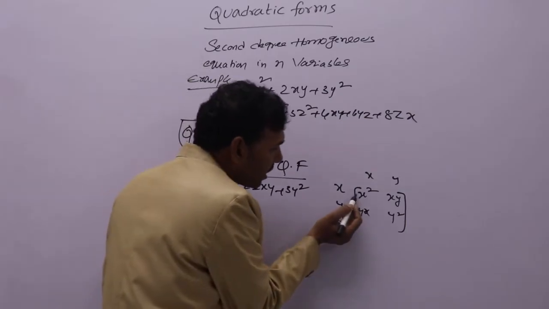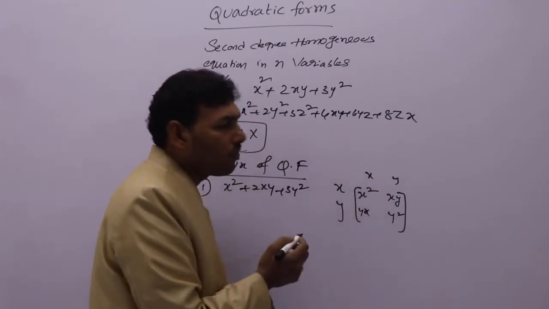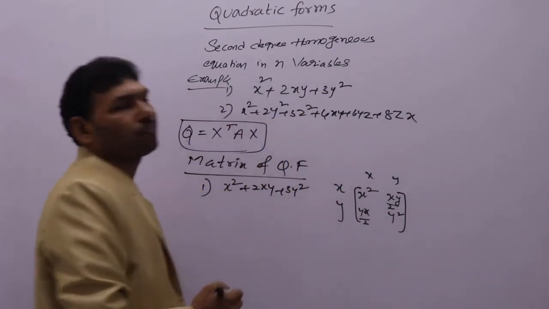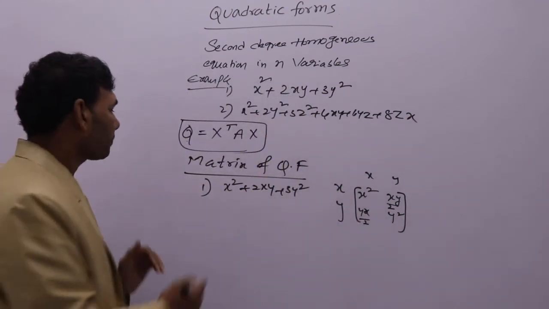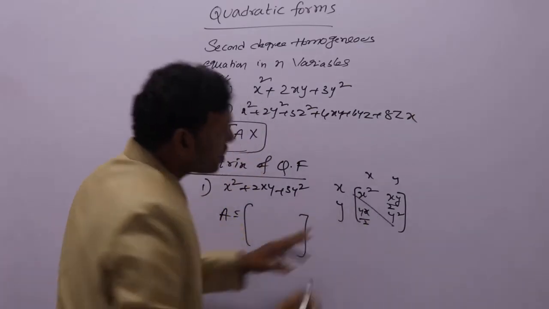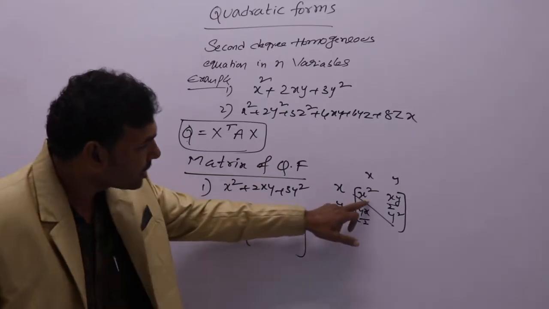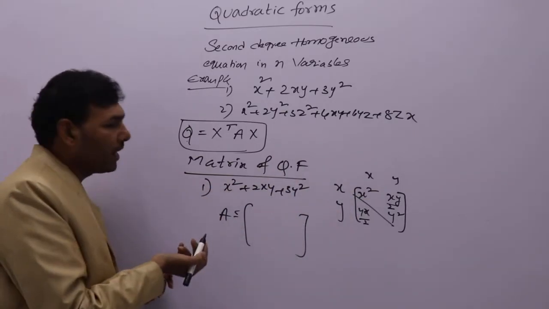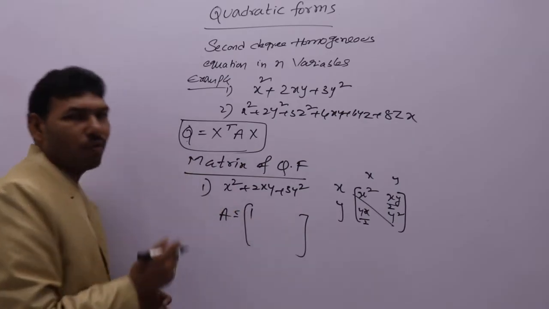After doing like this, except for the square elements, make all the remaining elements half. That means excluding x square and y square, divide the remaining coefficients by 2. Now write the square element coefficients here. Write in this position the x square coefficient. What is the x square coefficient? You are not finding any number there, which means you will have 1.